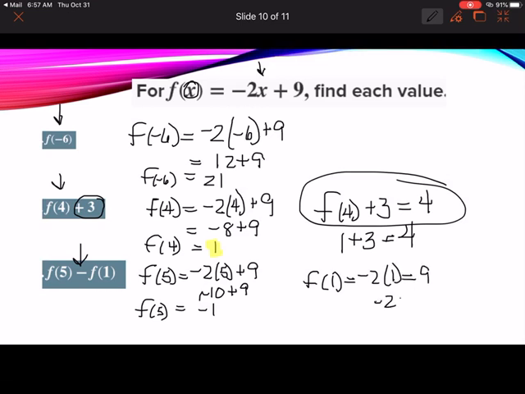That's negative 2 plus 9, which is 7. So f of 1 equals 7. Now that I have these two answers, what does it say to do? I'm going to subtract them. So I have negative 1 minus 7, so that is negative 8. So this equals negative 8.